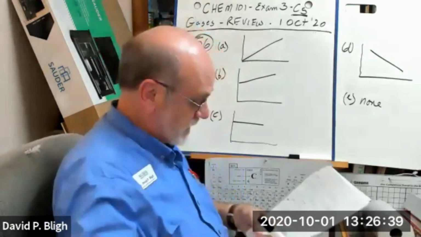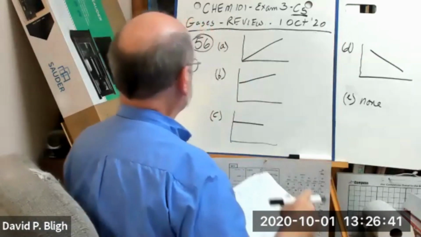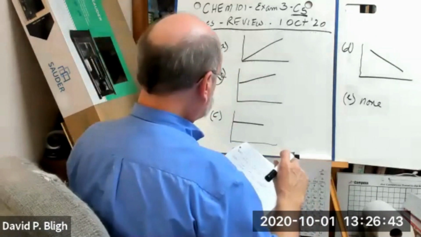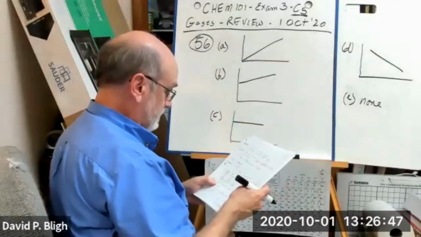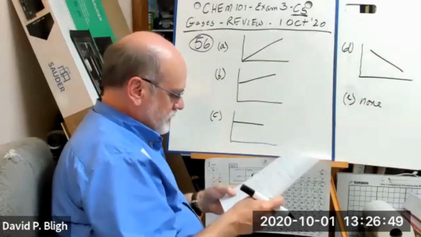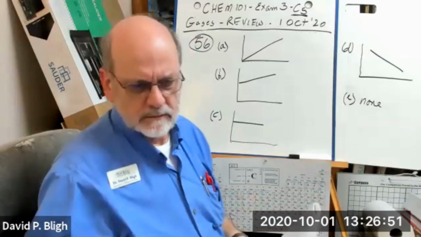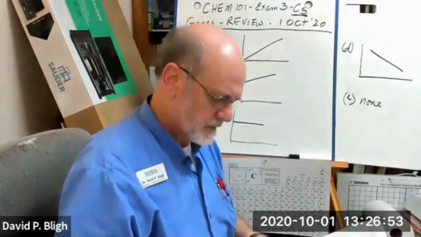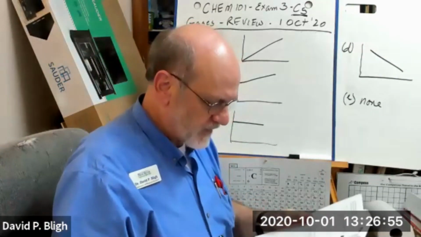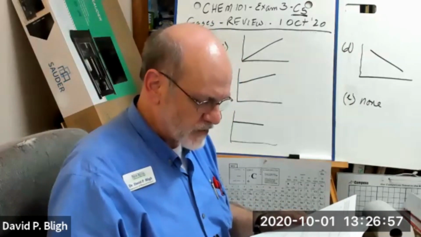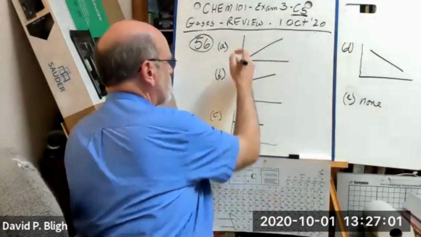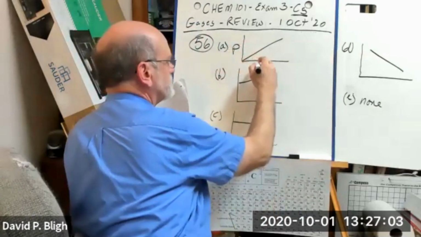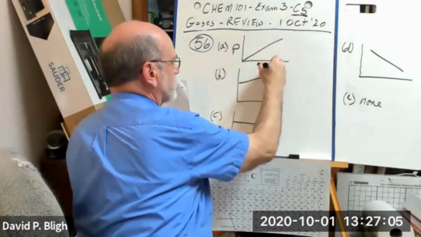I'm sorry, this is going to have some math. So, I'm going to try to squeeze it in here. I took up too much room, actually. So, what are we looking for? Let's go back to the problem. We want the best representation of pressure versus molar mass. So, we would put pressure here, molar mass here.